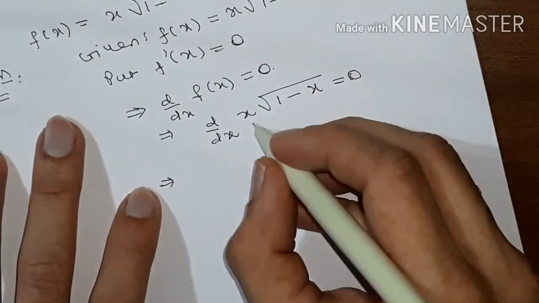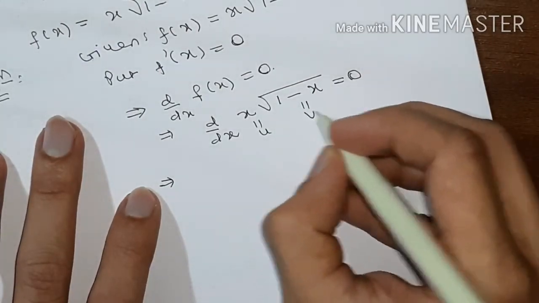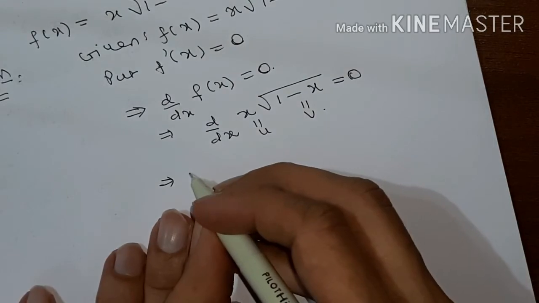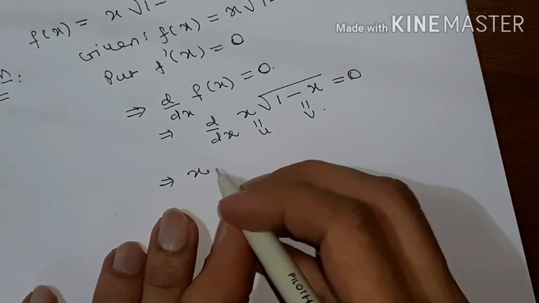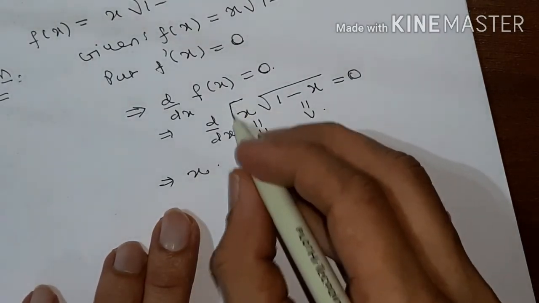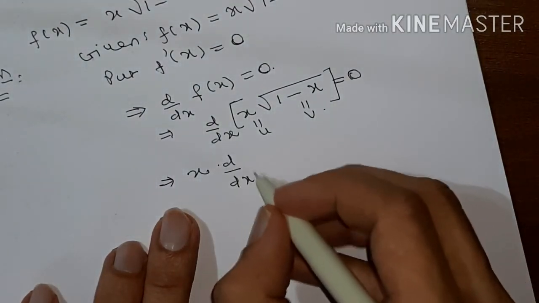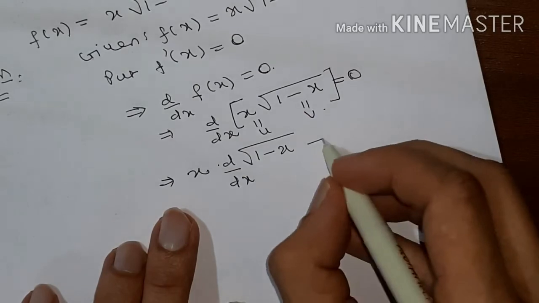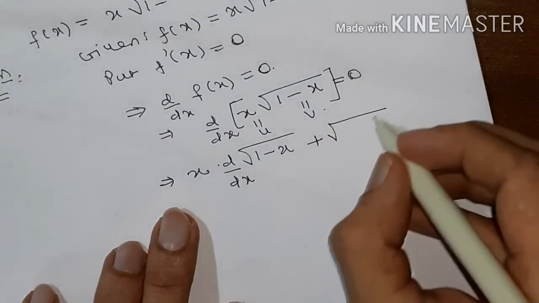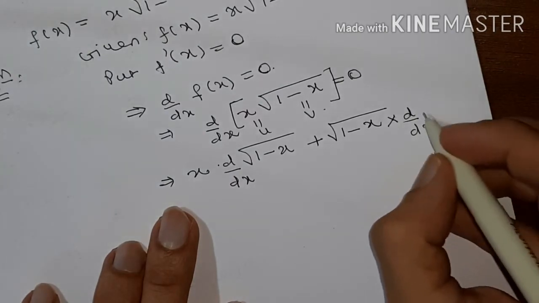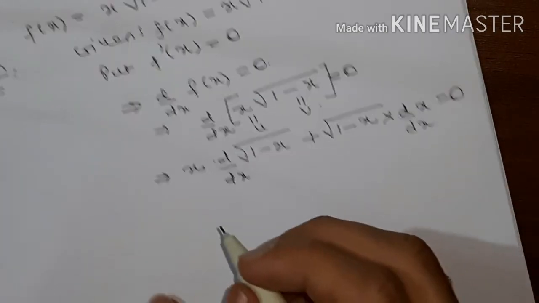So now what is this? This is u, and suppose this is v. So this is the uv rule of derivatives: u multiplied by derivative of root of 1 minus x plus v, right, into derivative of u, which is equal to 0.